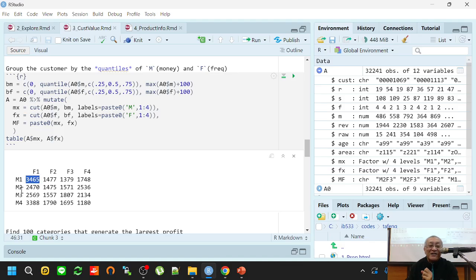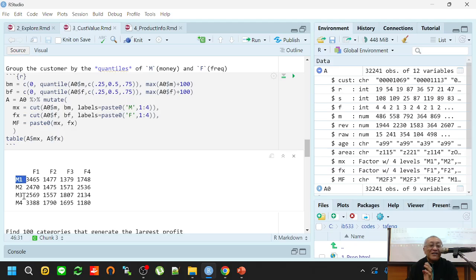And this is the F1, M2. So M2, F1 is actually the people who buys less, but they also buy the most frequently.